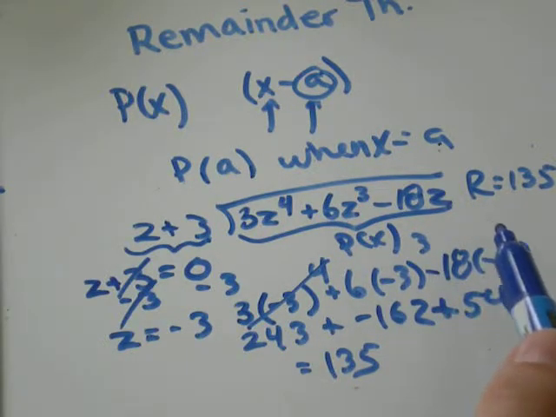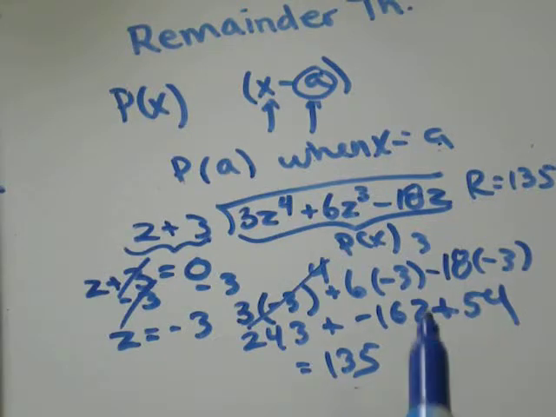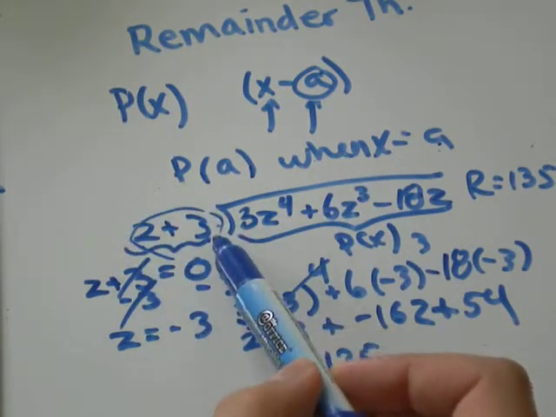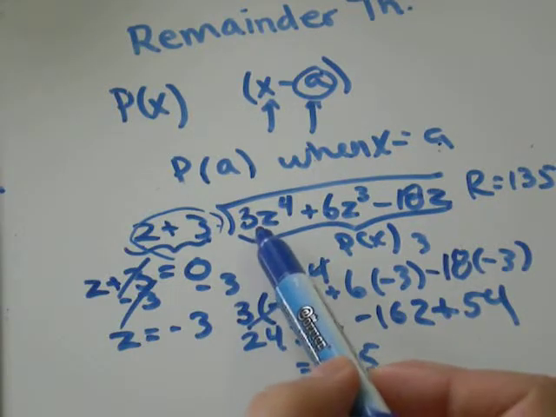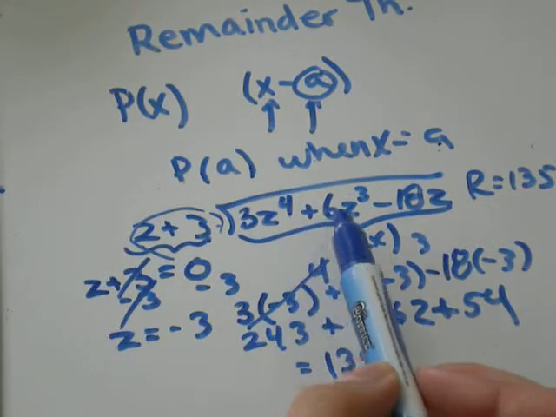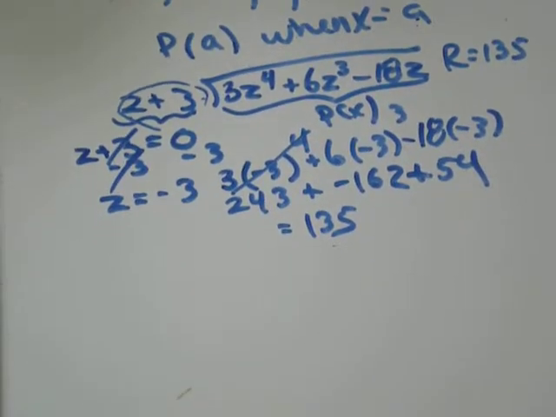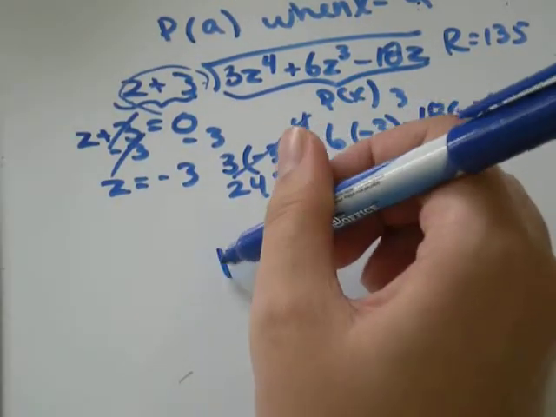So what that tells us is that this factor, z plus 3, is not actually a factor of 3z to the 4 plus 6z cubed minus 18z. And we know that because of the factor theorem.